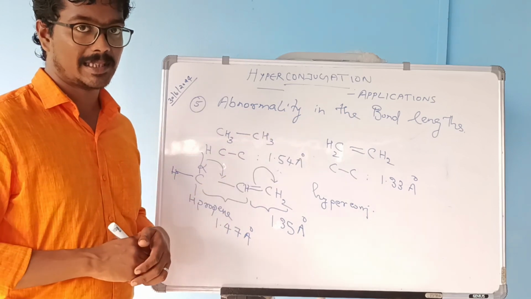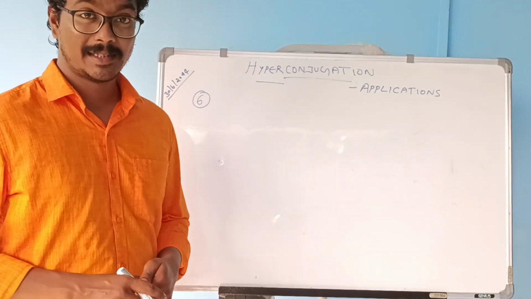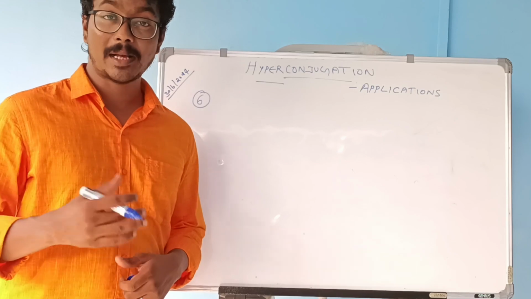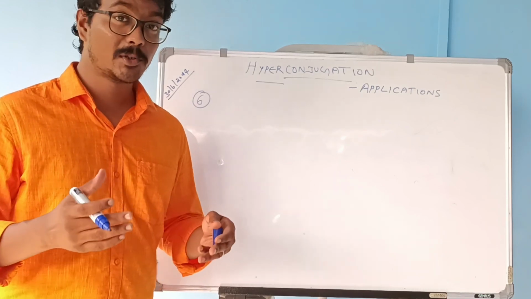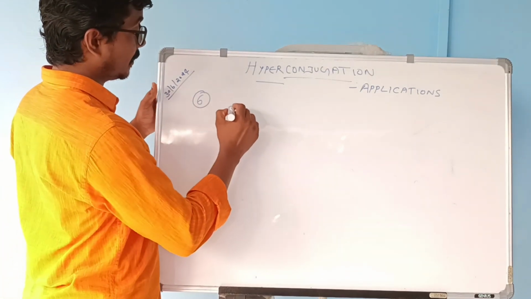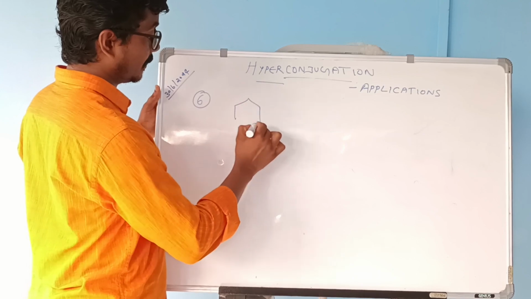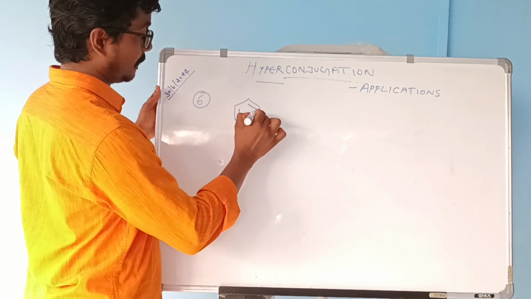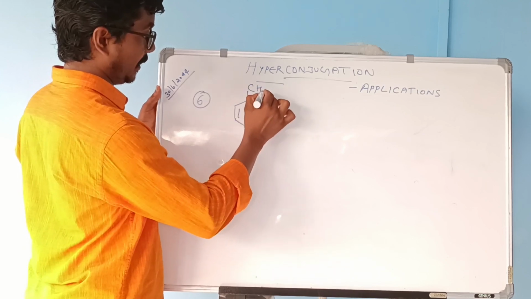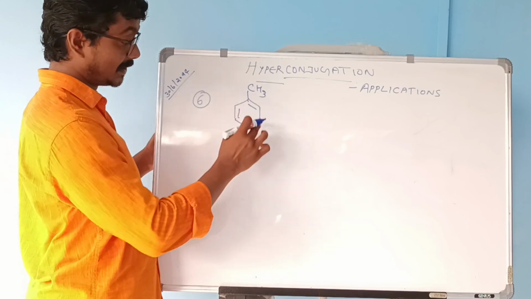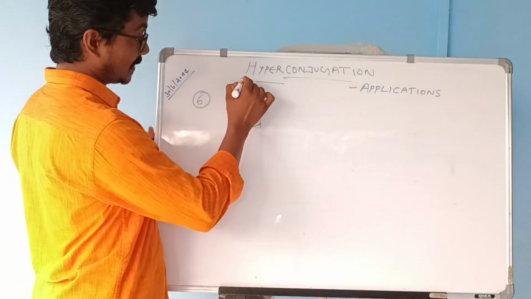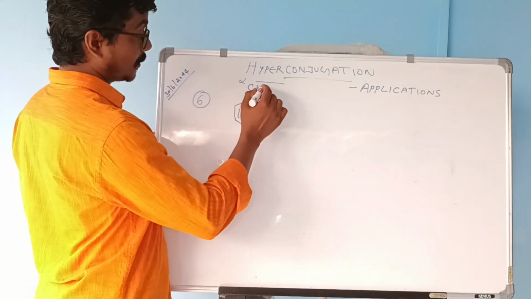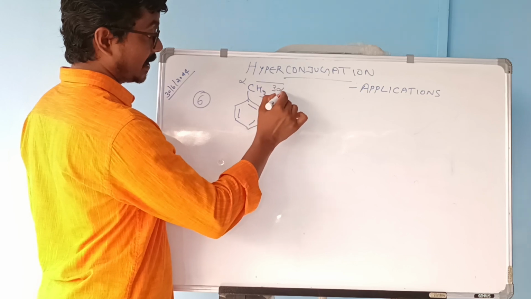Sixth application is the reactivity, the ortho-para directing reactivity of toluene. So you know that this is toluene, right? This is a benzene ring. This is the alpha carbon, and these are the three alpha hydrogen atoms.